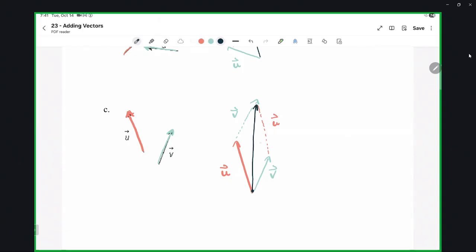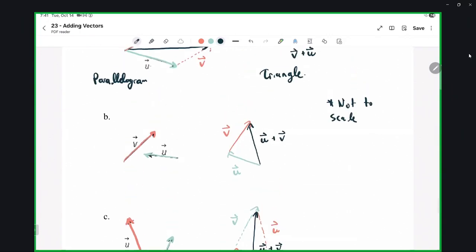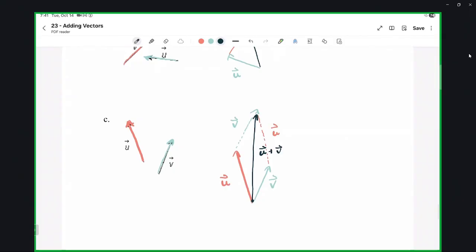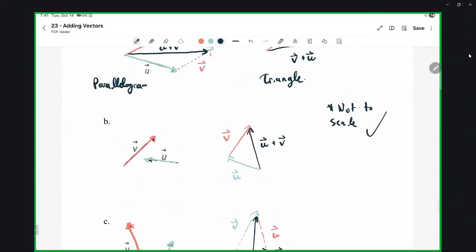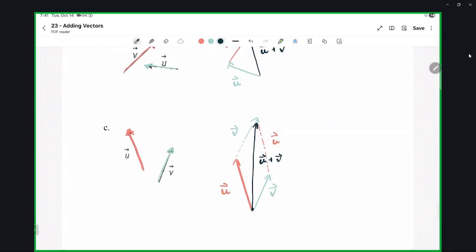So this will be vector u plus v. A limitation of doing these using pen and paper is that your vectors end up looking very perpendicular. The answer seems to be a horizontal and vertical line, even though that's usually not the case. But again, we note that these are not to scale. You just try to do your best.